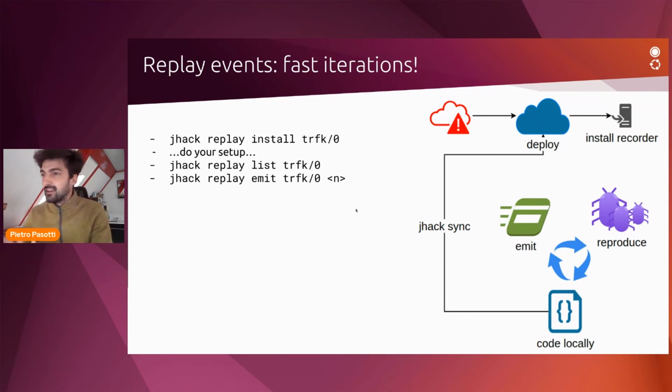This is a tool still in development, so there might be bugs, disclaimer, but the idea is that you install on a live unit a recorder script, a script that essentially every time that the charm is executed is going to capture the event somehow, serialize it, dump it to disk, and every time that you want to, you can then rerun the charm in the same context.